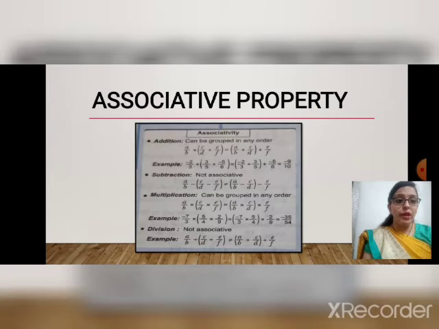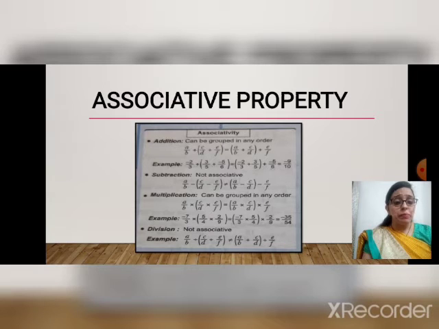When we have solved the bracket, then we can solve with the outside. In addition and subtraction, you have to take the LCM and then you can solve it. While solving, you can see if LHS is equal to RHS. Yes, in that case, the associative property is applicable.